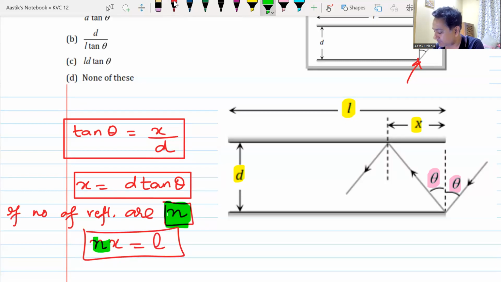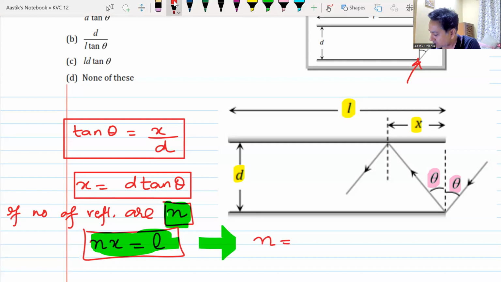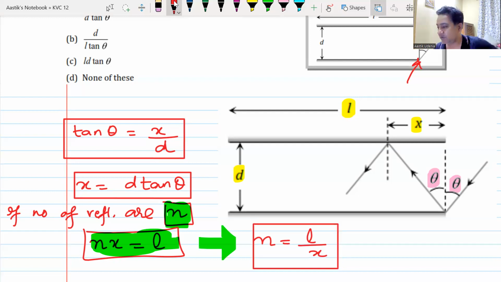Yes or no? Yes, sir. If you understand this, then the rest of the question is a mere cakewalk. My n becomes L by x, and that gives us the answer to the question.